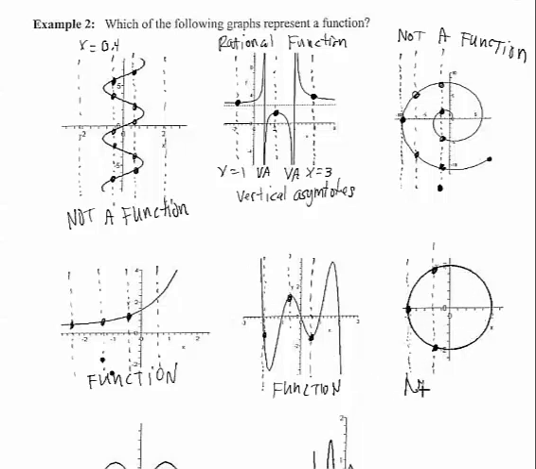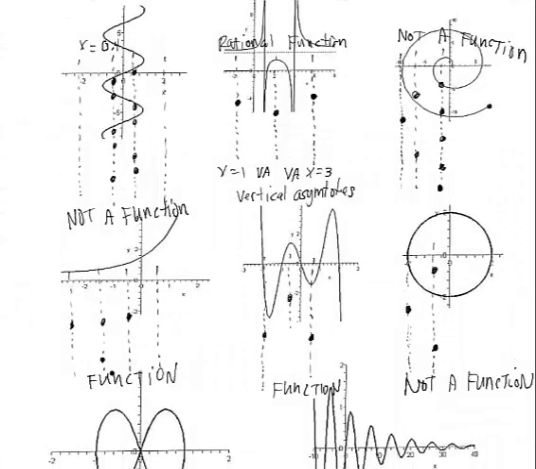So this is not a function. So this is really just more of a visual inspection of a particular curve. Let's see if I can move. Oh, I need to erase everything.